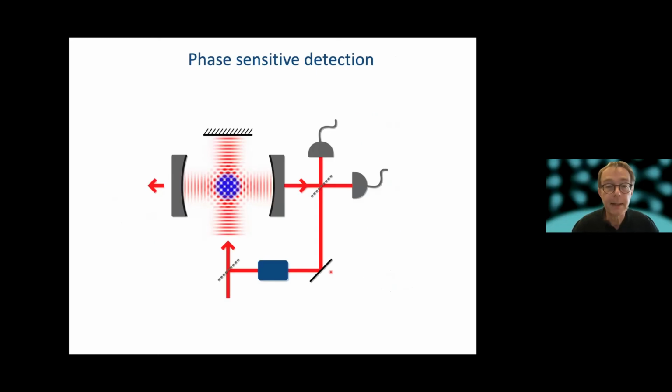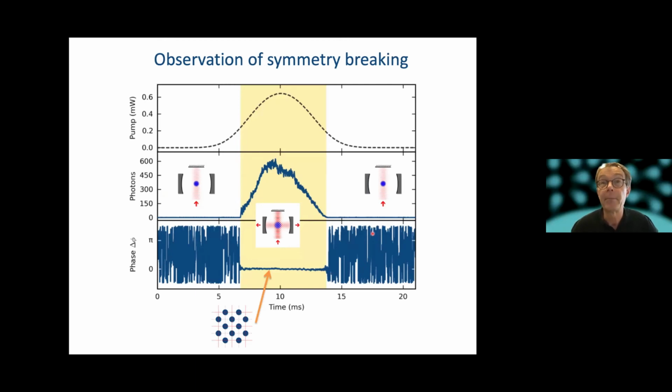And so we set up such a measurement, phase-sensitive detection. Then we did the following type of experiment. We ramp into the phase and out of the phase again, as shown here, and we measure this phase. If we are in the phase, we have a stable light field phase coming out.